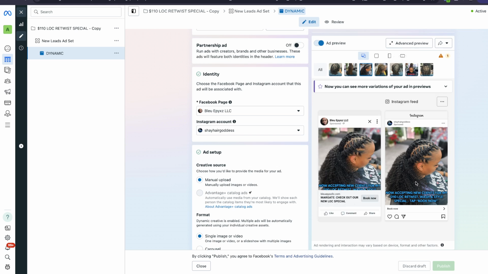But what we did was we layered this on top. It says, now accepting new clients, $110 loc retwist, wash, style special, tap book now. That's the headline or the hook. So when someone's scrolling and they see this picture, like, oh, the work is nice, then they're reading. It's basically targeting people who would potentially be interested in loc retwist, wash, style.